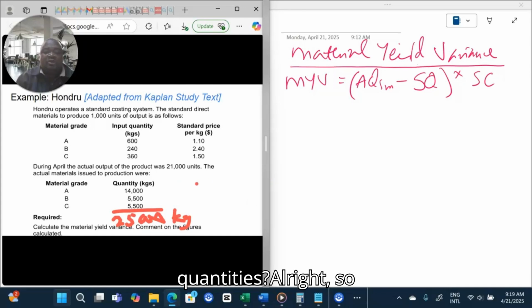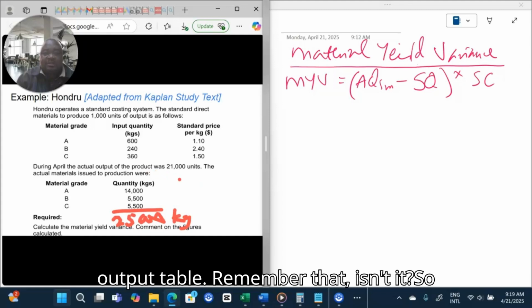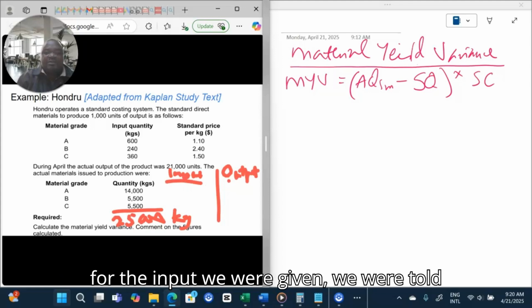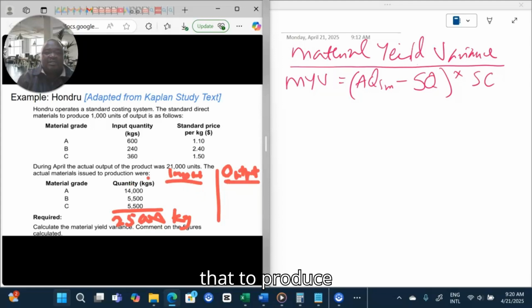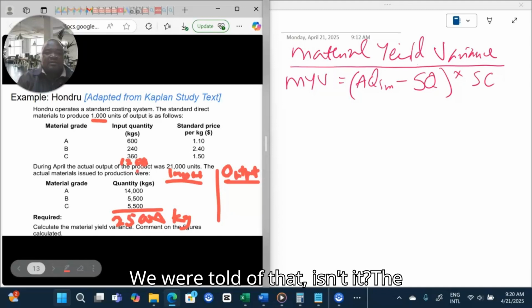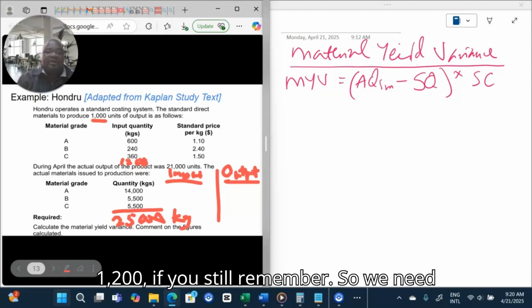All right, so the inputs, we do our input versus output table. Remember that, isn't it? So the input versus output. All right, now for the input, we were told that to produce 1,000 units, we would need about 1,200. Okay, we were told of that, isn't it? The 1,200, if you still remember.